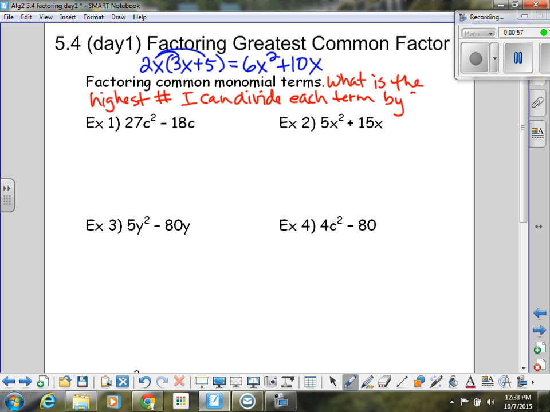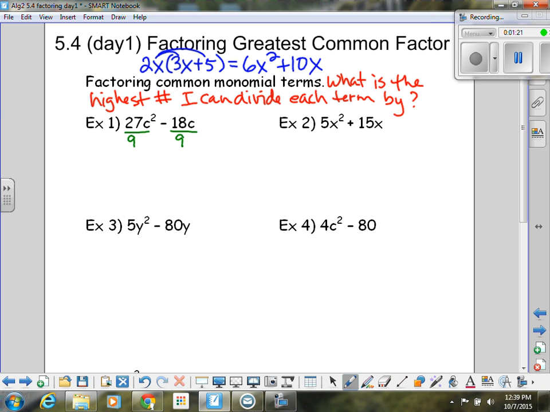That's what we're asking ourselves. Okay, so if I'm looking at this first problem, what can I divide both 27 and 18 by, and what's the highest thing I can divide both of them by? So for example, I know I can divide them both by 3, but there's a higher number, 9, that goes into both of those evenly. So I'm going to divide both of these by 9.